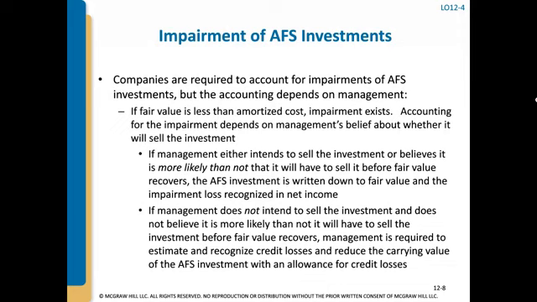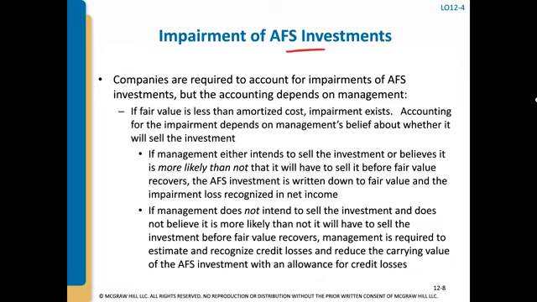Let's talk about an impairment of the available for sale investment. Companies need to look at their investment and see if they need to be impaired, which means that the investment needs to be written down or decreased.